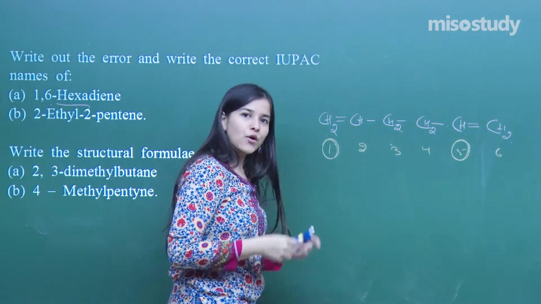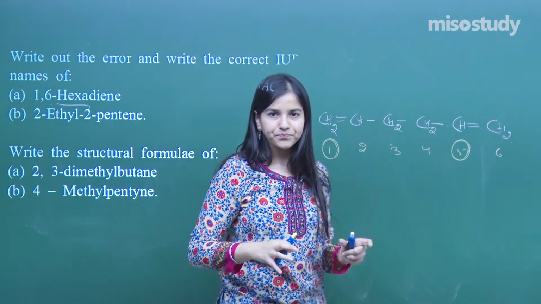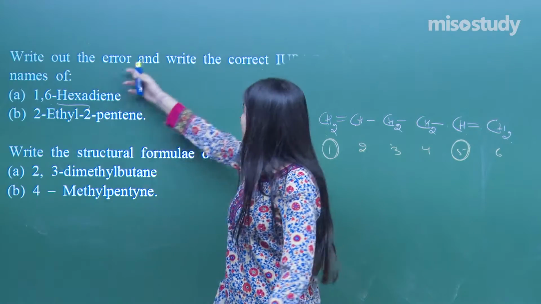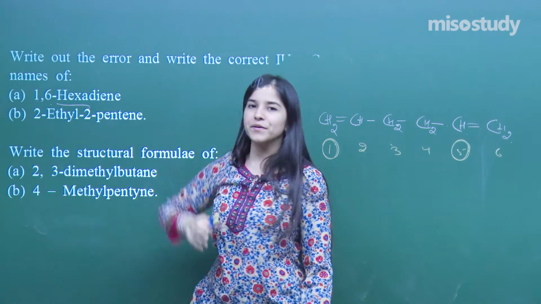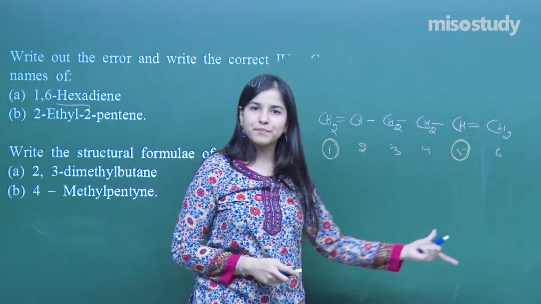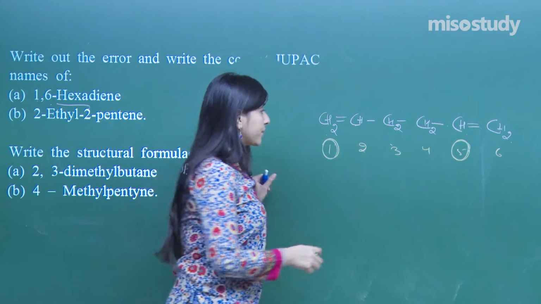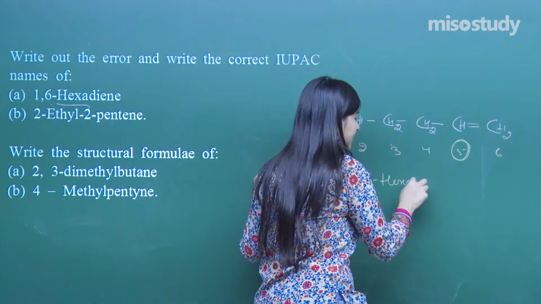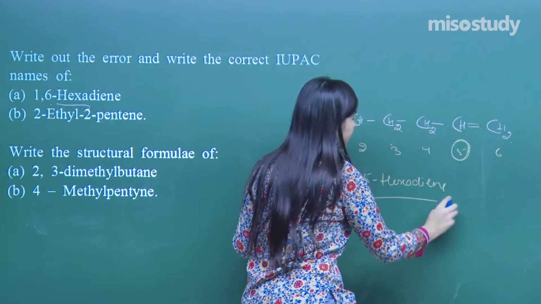So all in all, this particular name will be resulting in a wrong structure. So that is what the error is, and the correct IUPAC name for this particular compound will be 1,5-hexadiene. Yes, that is the correction over here.